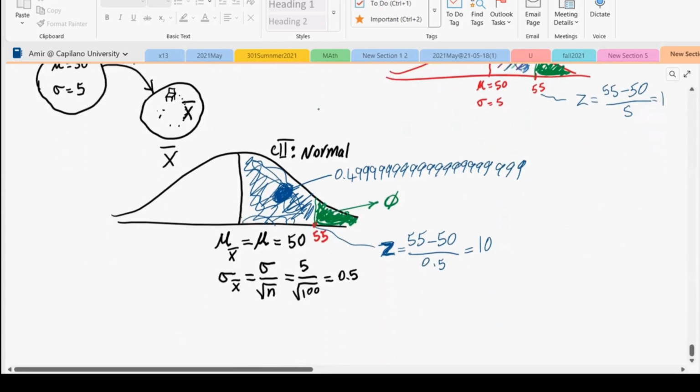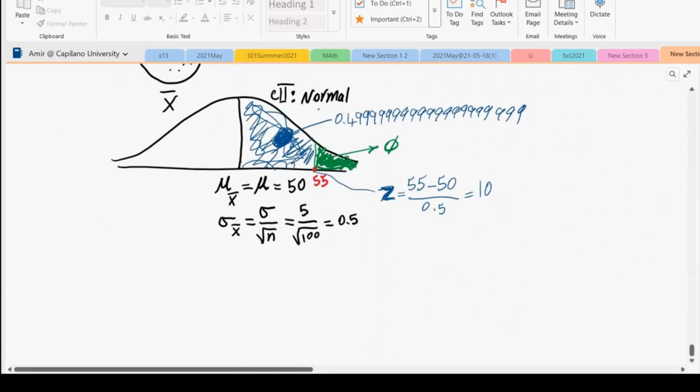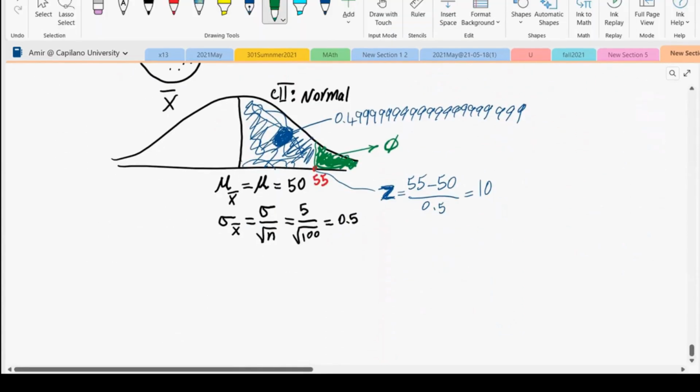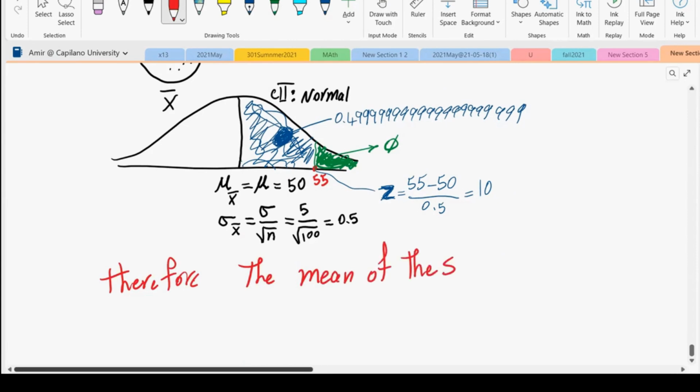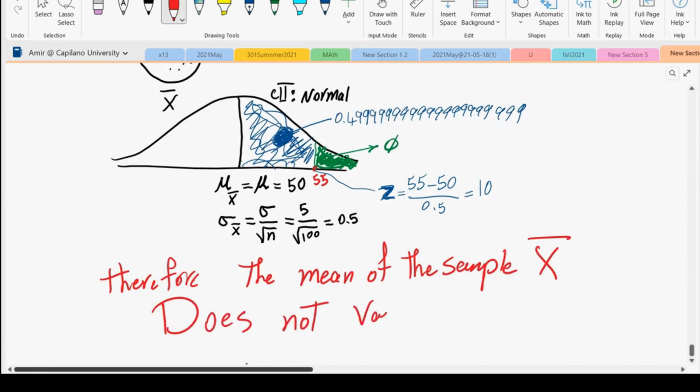I want you to write that sentence as the conclusion, and we will finish today's class with that, and you have to upload the result. Therefore, the mean of the sample, or X bar, does not vary very much.